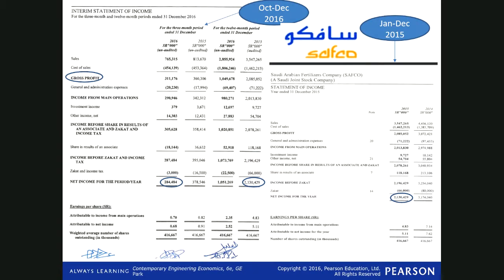This on the next slide is a balance sheet. Now, balance sheet is another financial statement. It tells us about how much assets this organization has, right?